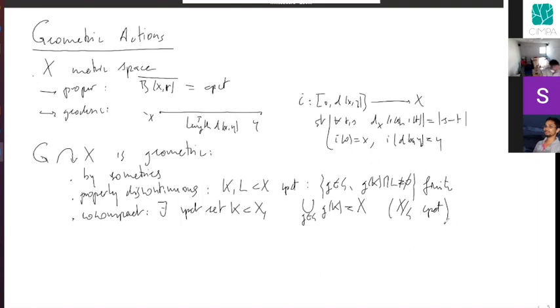The basic example to keep in mind is a group G that acts on its Cayley graph. You can check these three properties. I already explained why it acts by isometries and why it is cocompact, so the only last property is to be properly discontinuous.